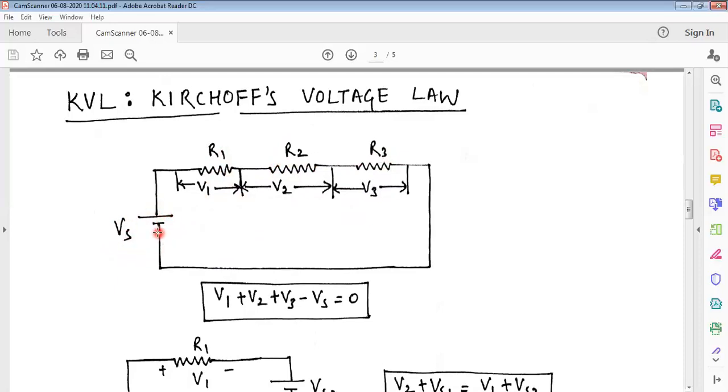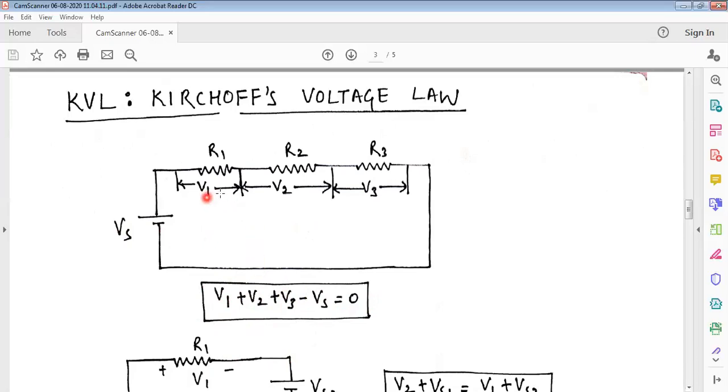Clear? So the source voltage should be equal to all the voltage drops. That is Kirchhoff's voltage law. Here I have written V1 plus V2 plus V3 should be equal to Vs, or V1 plus V2 plus V3 minus Vs is equal to 0. This is your Kirchhoff's voltage law.